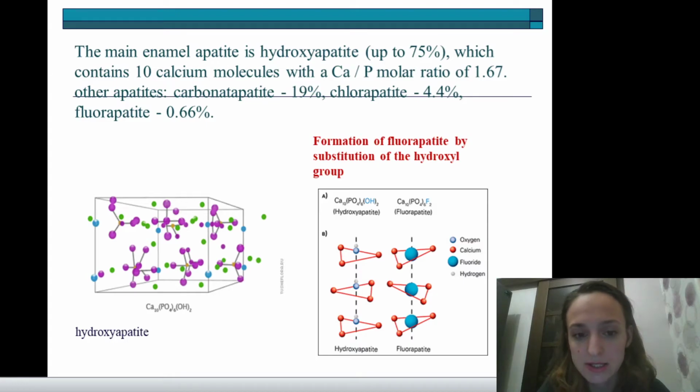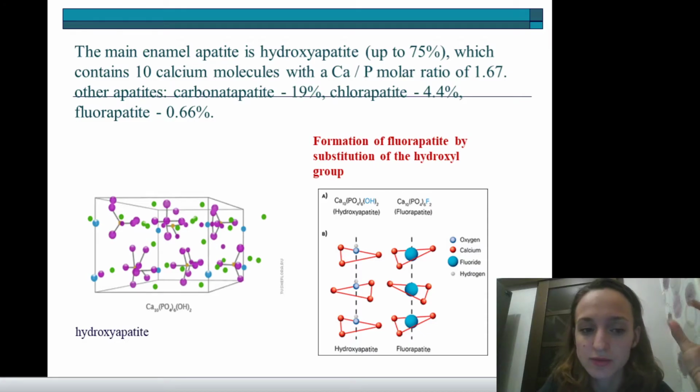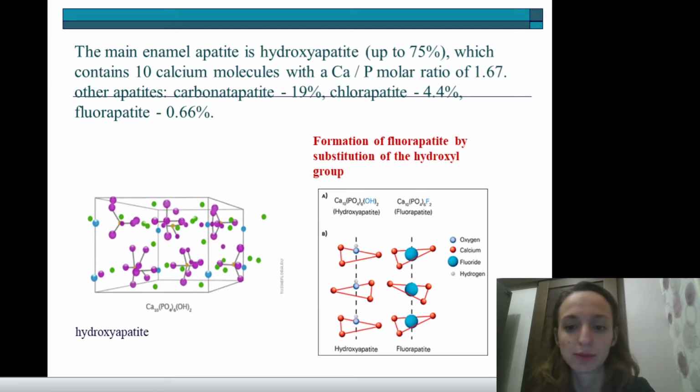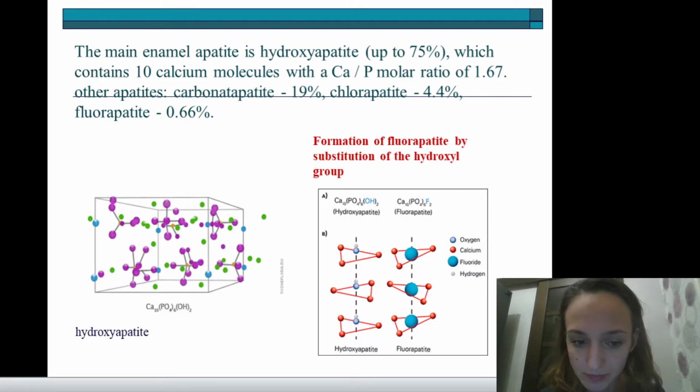Other apatites: carbonapatite, 90%, chlorapatite 4.4%, and the smallest, fluorapatite, 0.66%. And you can see a chemical picture about formation of fluorapatite by substitution of the hydroxyl group.